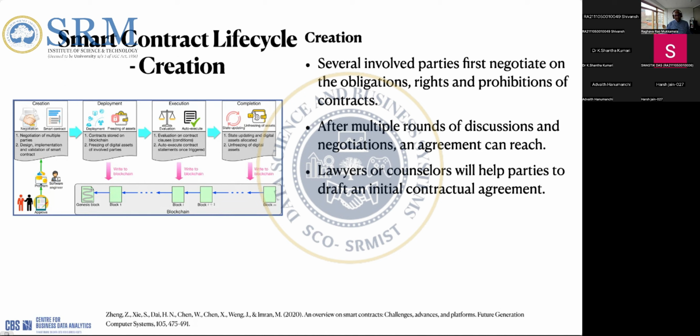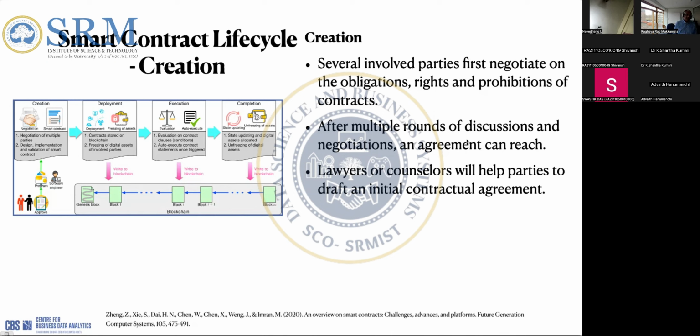For example, let's say we have a very simple smart contract containing 3 or 4 stakeholders. All of them have to sit together and write down the conditions between them, so there will be multiple rounds of discussions, negotiations and agreement.